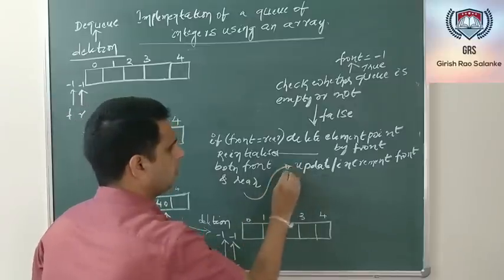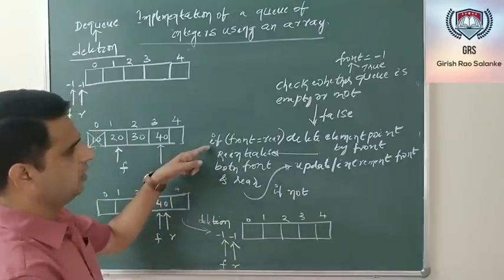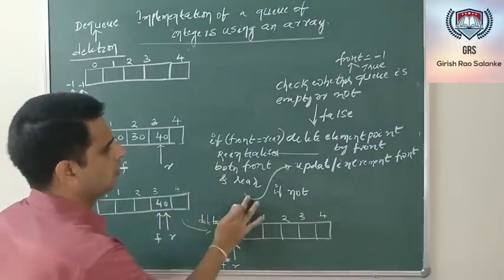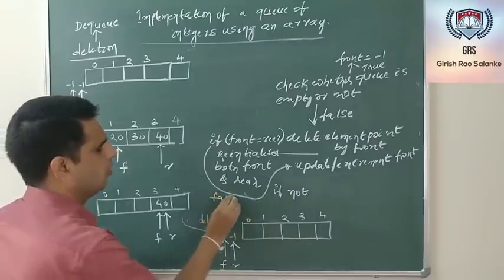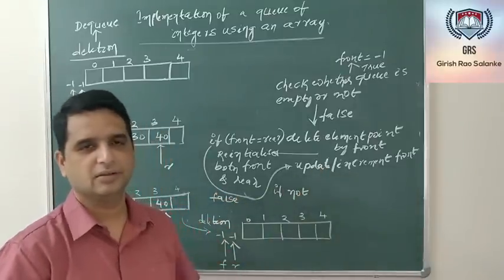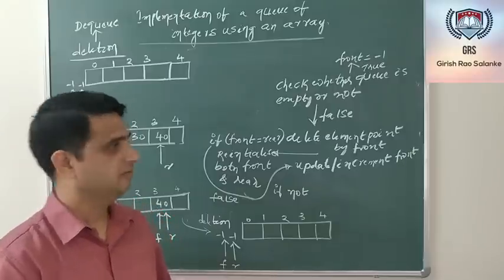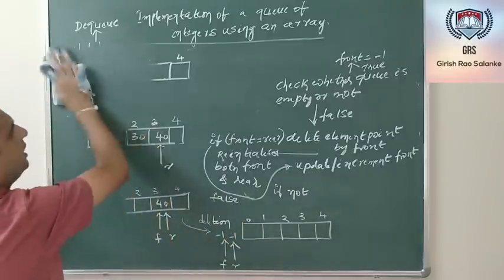If not, if this condition is not true, if this is false, you just update the front end. Hope this is clear. With this information, we can come up with a function to perform the deletion operation.